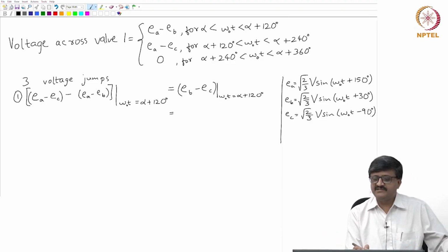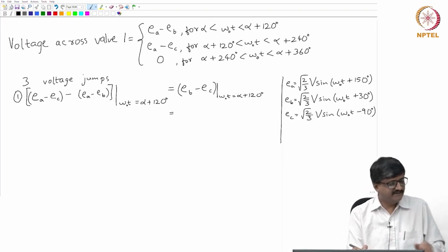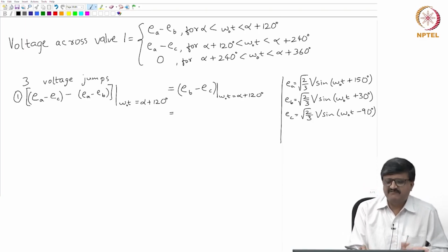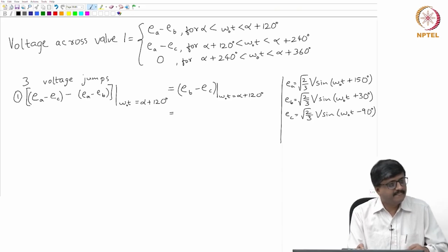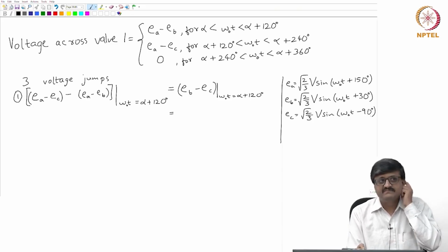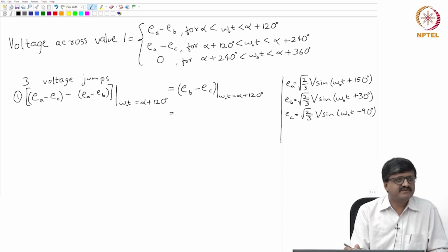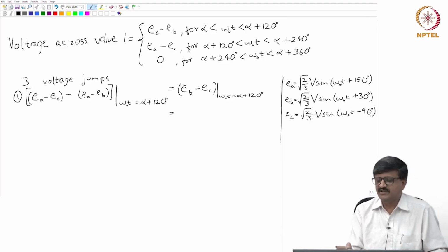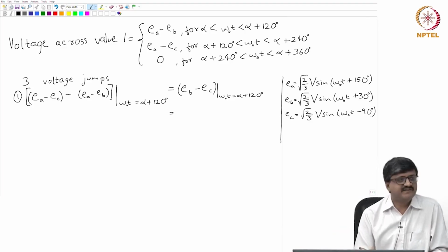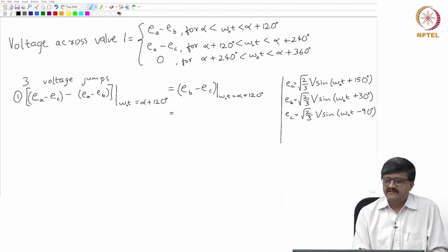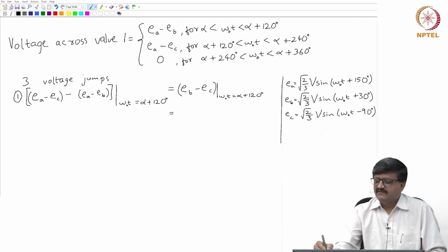So, given these expressions for EA, EB, EC, can I straight away say what is EB minus EC without doing any trigonometric manipulation? See, it is easy to visualize these voltages as phasors. So, if I want EB minus EC, let me take EB.